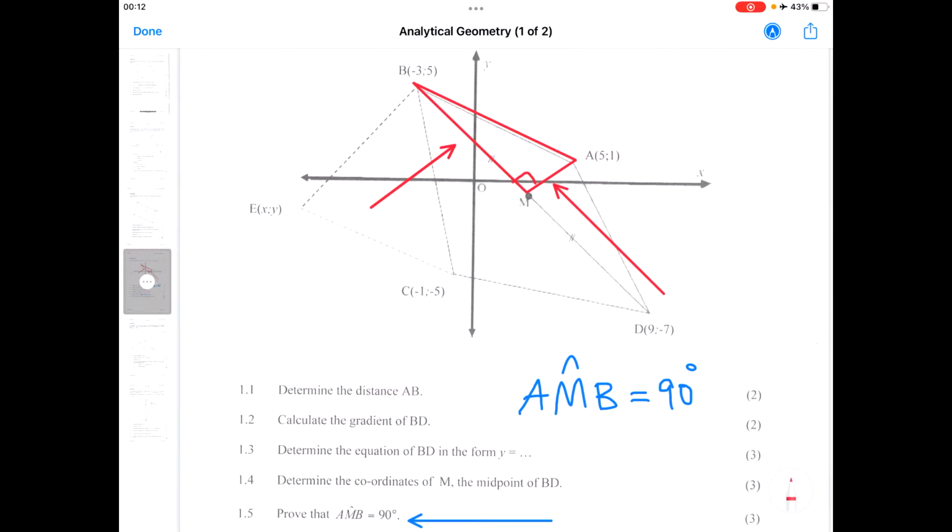So that's how you can prove that angle M in that triangle is equal to 90 degrees. So that means you are therefore going to say the gradient of, let's say, BM, when you multiply that with the gradient of AM, they must give you -1.